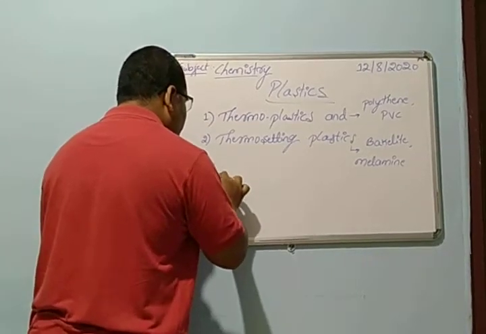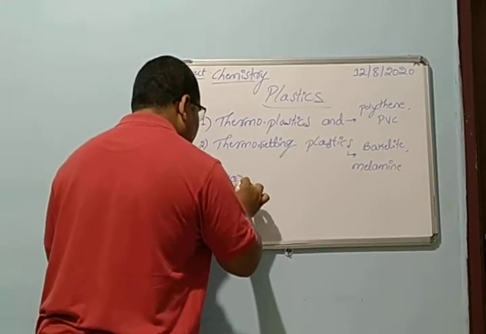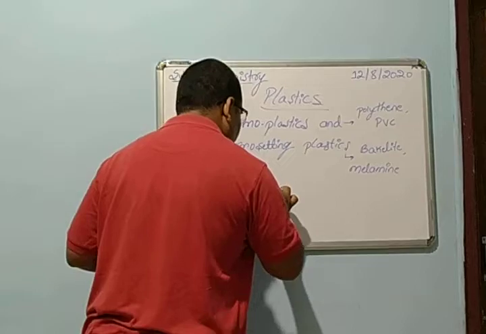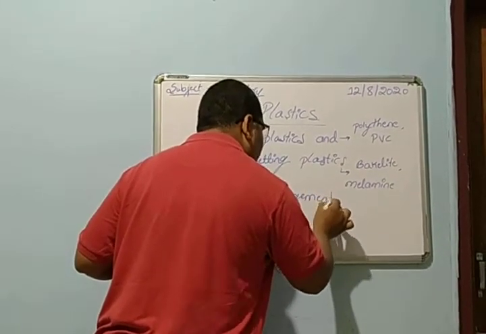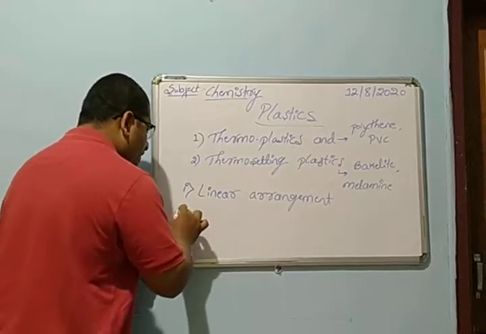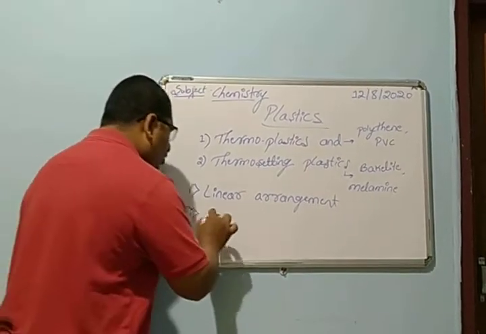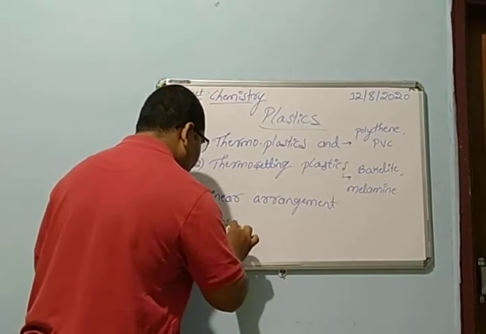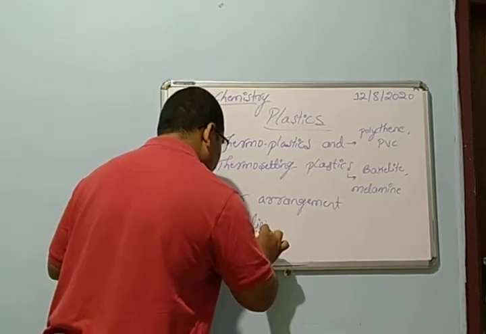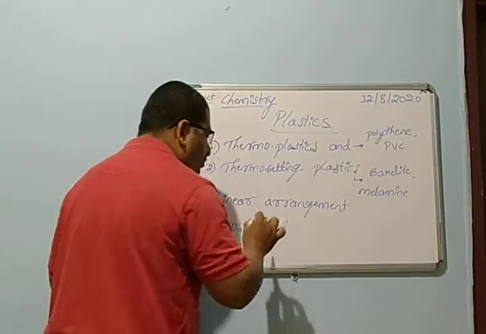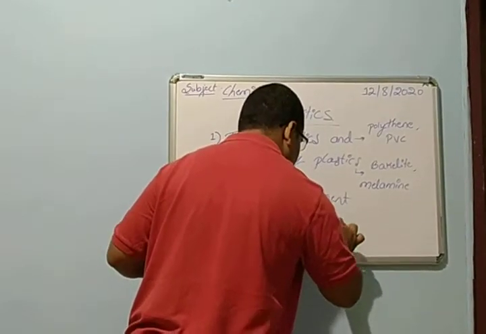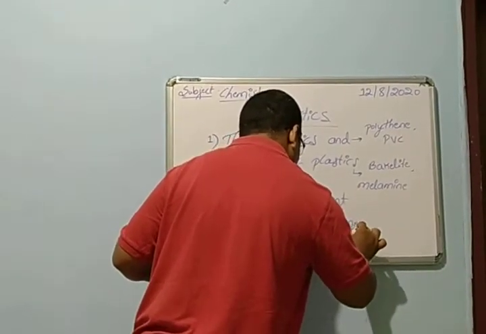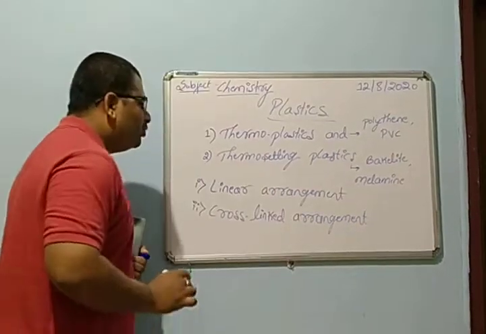The first one is the linear arrangement of the monomer units, and the second is the cross-linked arrangement of the monomer units.